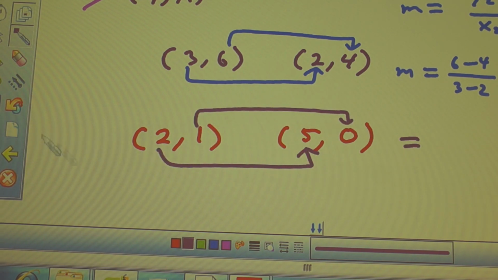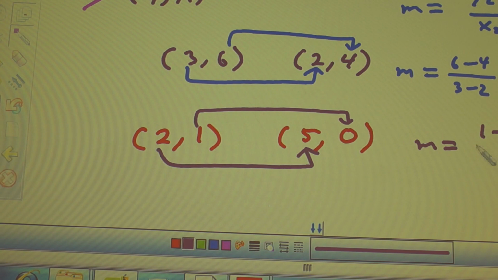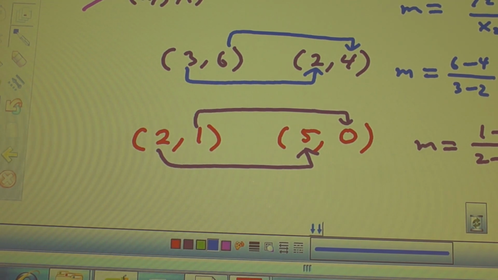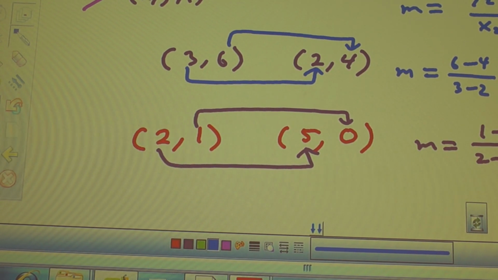So that would be m equals 1 minus 0 over 2 minus 5, 1 over negative 3, or you can just think of it as negative 1/3. So you can just find it from 2 points. If you have 2 points, you can just find it from 2 points.